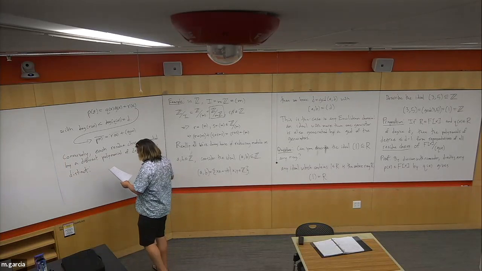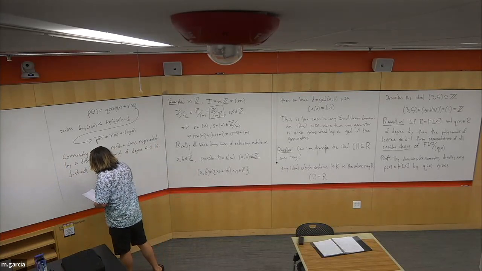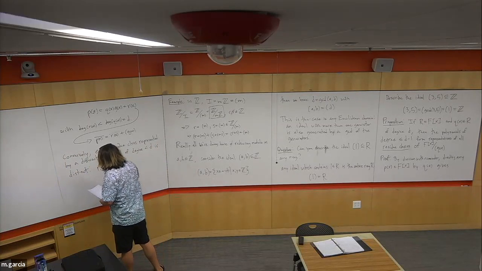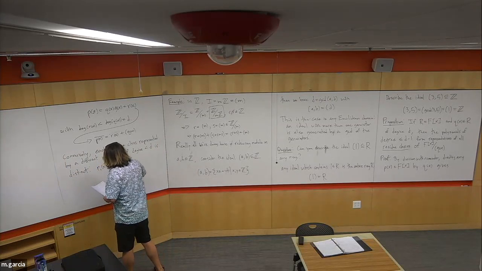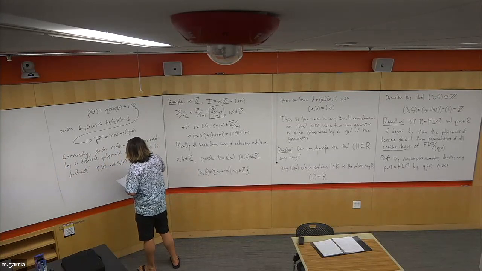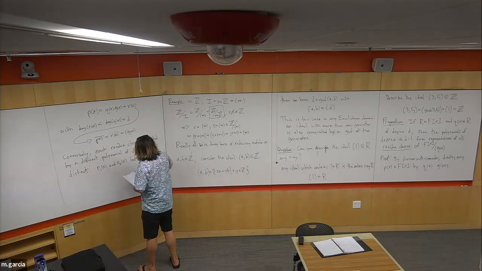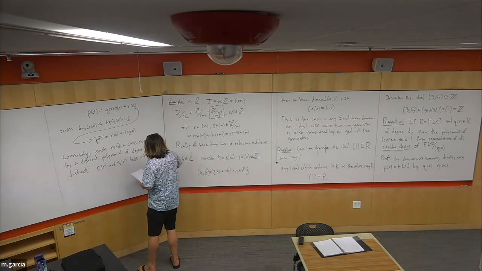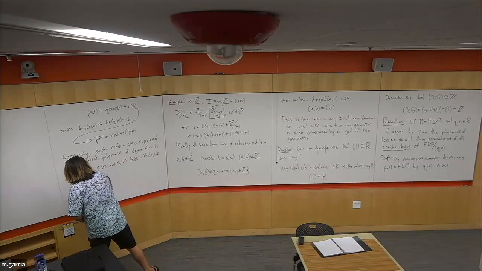Why is this? Well, we'll take R1 of X and R2 of X, both with a degree strictly less than D.